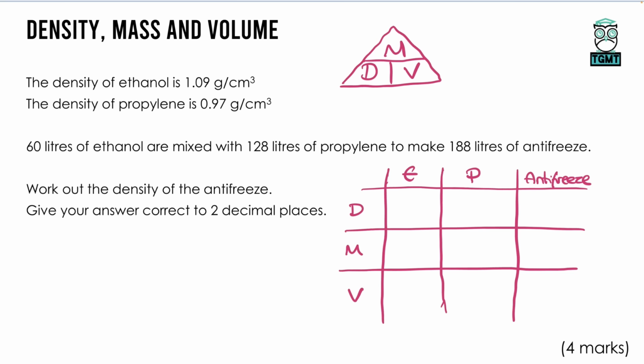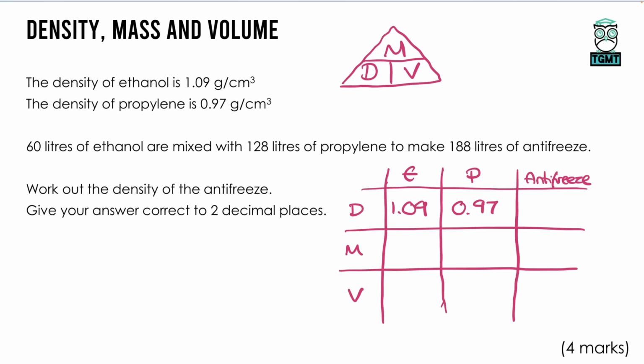And let's see what we've got. We have the density of ethanol, 1.09. We have the density of propylene, 0.97. We can't add those together because we don't know the exact ratios that are being mixed, so that's what we're going to kind of work out. We have a volume given to us, that's what the litres are, and sometimes litres will be given to us in centimetres cubed.